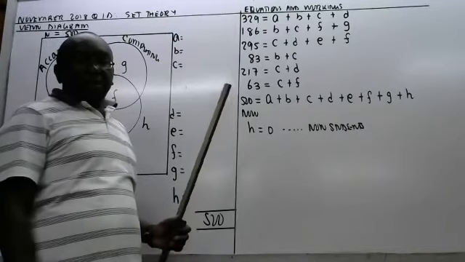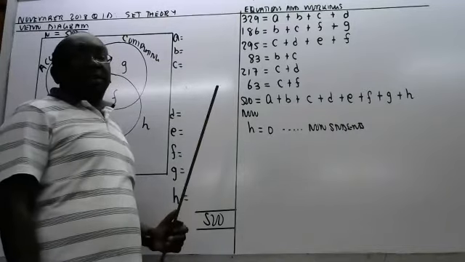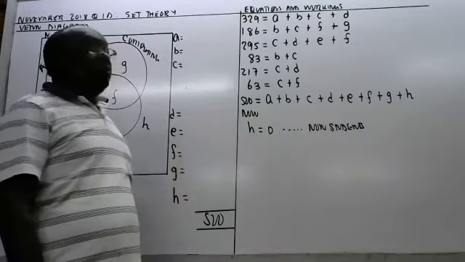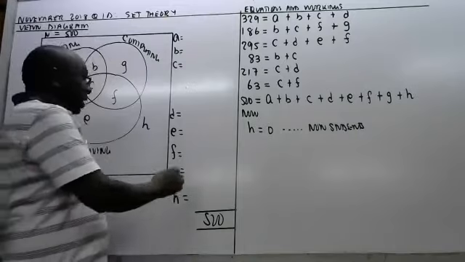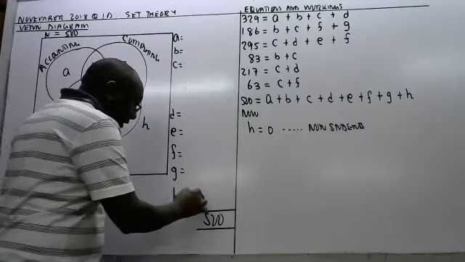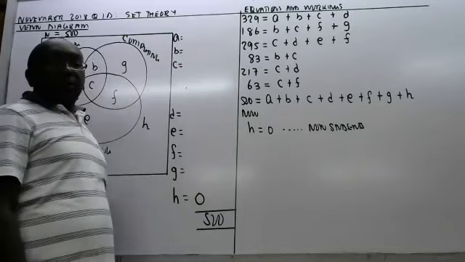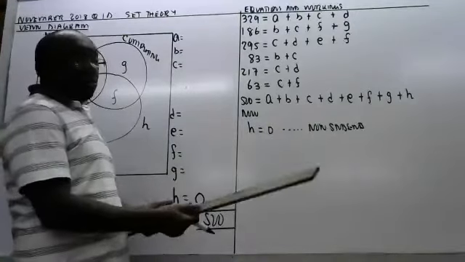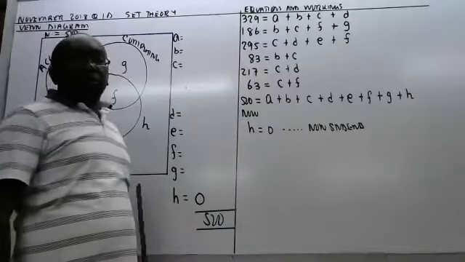Just like myself, I'm in the school, but I'm not a student, so I cannot be included in that. So if H is 0, quickly you secure that there. Then you come back to the whole equation and start checking what you know.